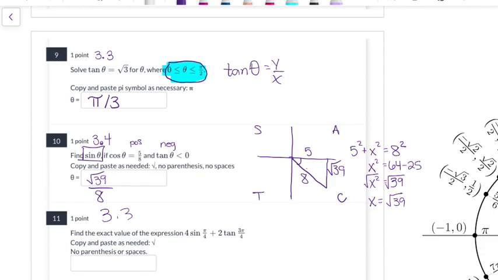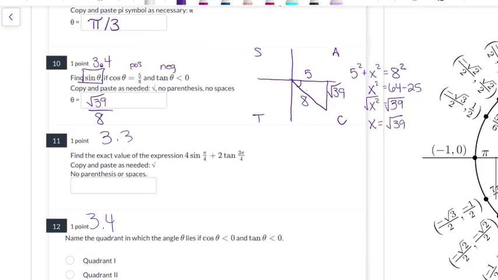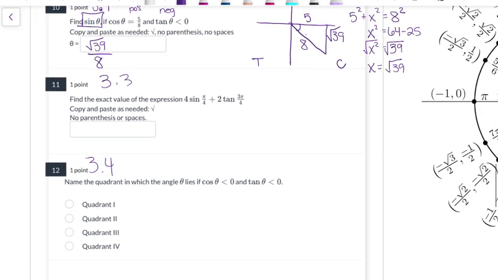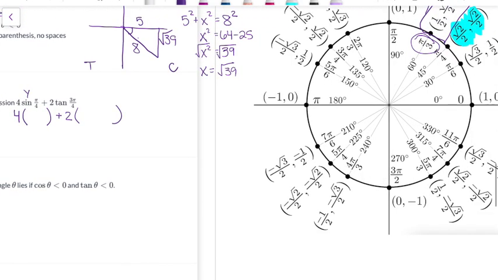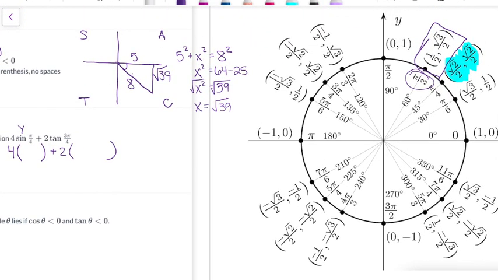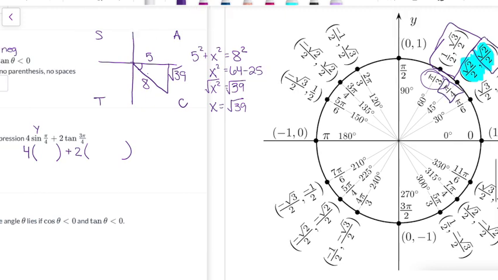3 more, we can do it. This is another example we definitely want our unit circle for. So I have 4, and then I have sine of pi over 4. I have 2, and then I have tangent of 3 pi over 4. So remember, sine is the y value, so I'm going to come over here to my unit circle. Here's pi over 4, and the y value is square root of 2 over 2.